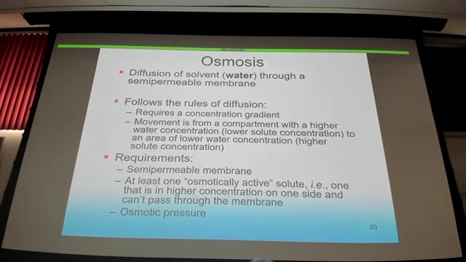All right, so diffusion is easy to understand. But under diffusion, we also have osmosis. And osmosis is similar to diffusion except for one thing. It only involves the movement of water. Diffusion can be molecules of water as it's going, but if you're just talking about moving water through a semi-permeable membrane, that's osmosis.